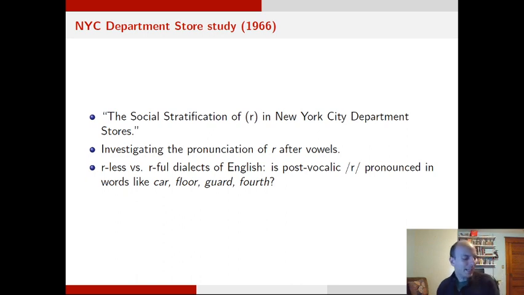What this is getting at is linguistic variation between dialects of English: those that pronounce an R, which we'll call the R-full dialects, and those that drop the R out entirely, the R-less dialects. If you say the word floor, some dialects don't pronounce that final R. Car, floor, guard, fourth.